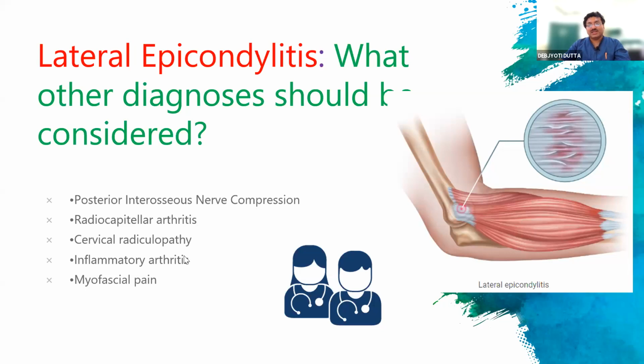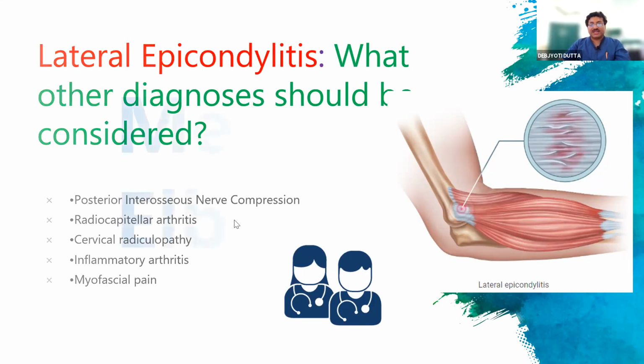Yes, this can be confused with lateral epicondylitis or radial tunnel syndrome, because if it is along C5 or C6, mostly C6, there might be pain here. So that is very important. Also you need to know about inflammatory arthritis and myofascial pain. So these areas need to be evaluated properly.